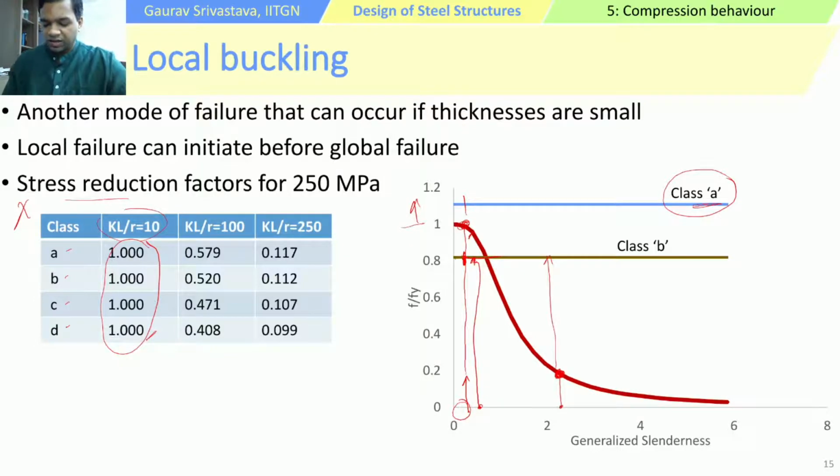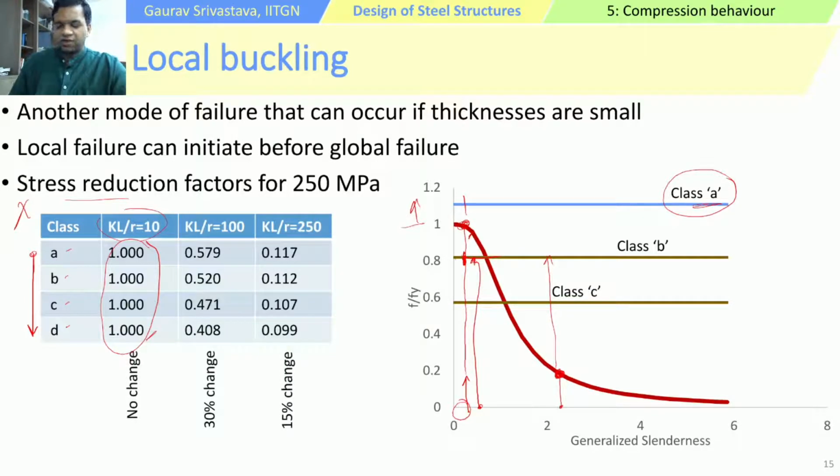So this is where for class B, the strength reduction factors are lesser than that for class A. So as we go from class A to class D, the susceptibility to local buckling increases, and hence the stress reduction factor is decreasing, right? Similarly for class C, it is further down, and class D it is further down.